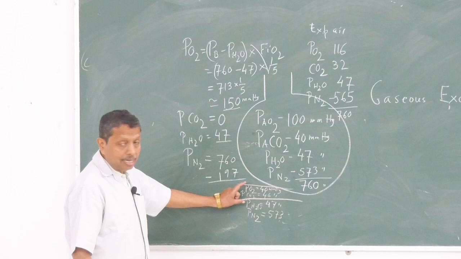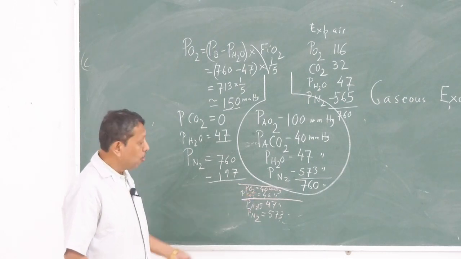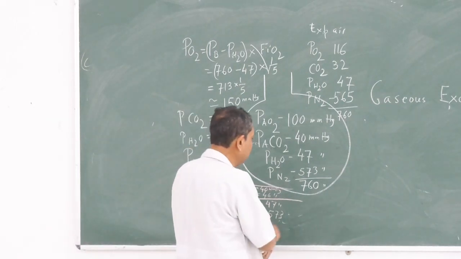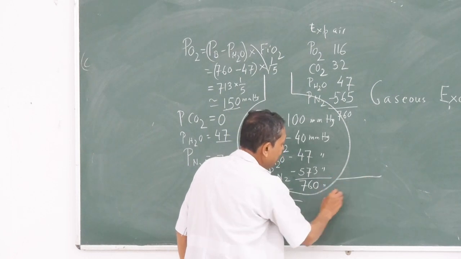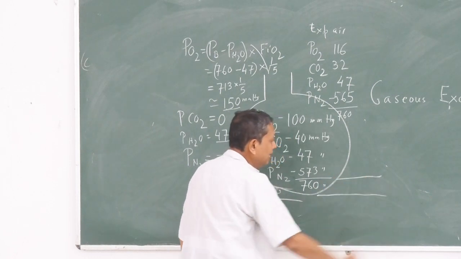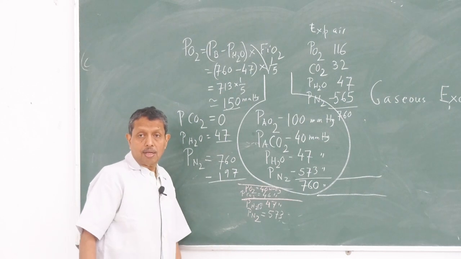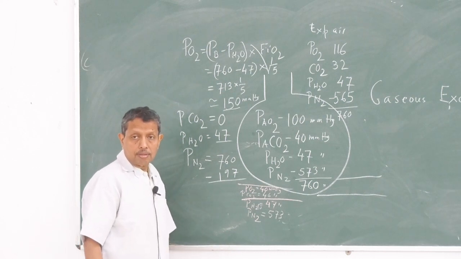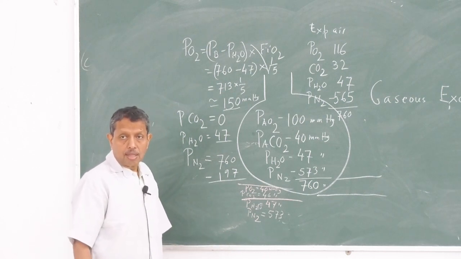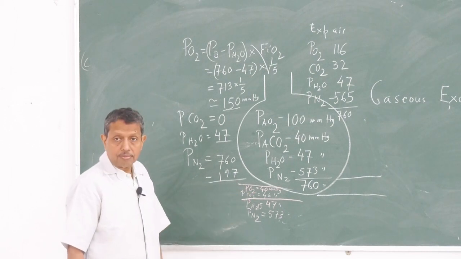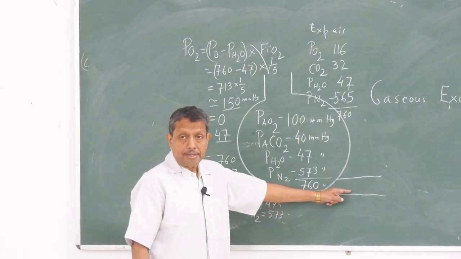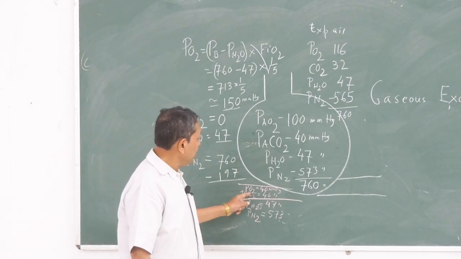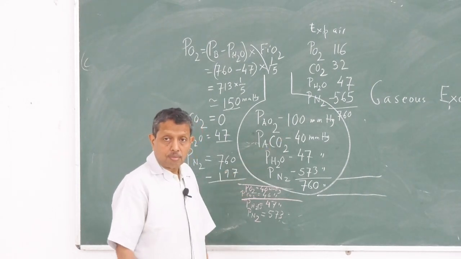It is the pulmonary artery, this content, and when it is leaving, it becomes arterialized, that is, it will be gaining oxygen and losing carbon dioxide. And in the pulmonary vein, the pressure should be equal to 100 millimeter of mercury.